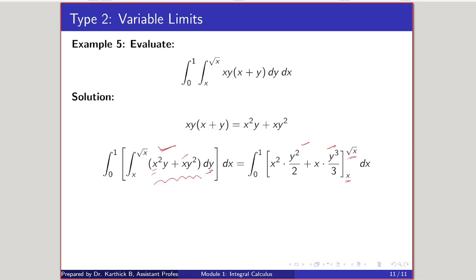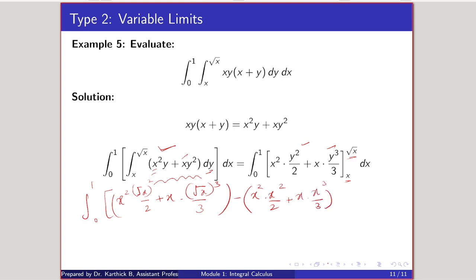So it becomes integral 0 to 1, x square, and the square root of x, it will be simply x by 2, plus x into root x power 3 by 3, and minus x square into x square by 2, plus x into x cube by 3, over dx.